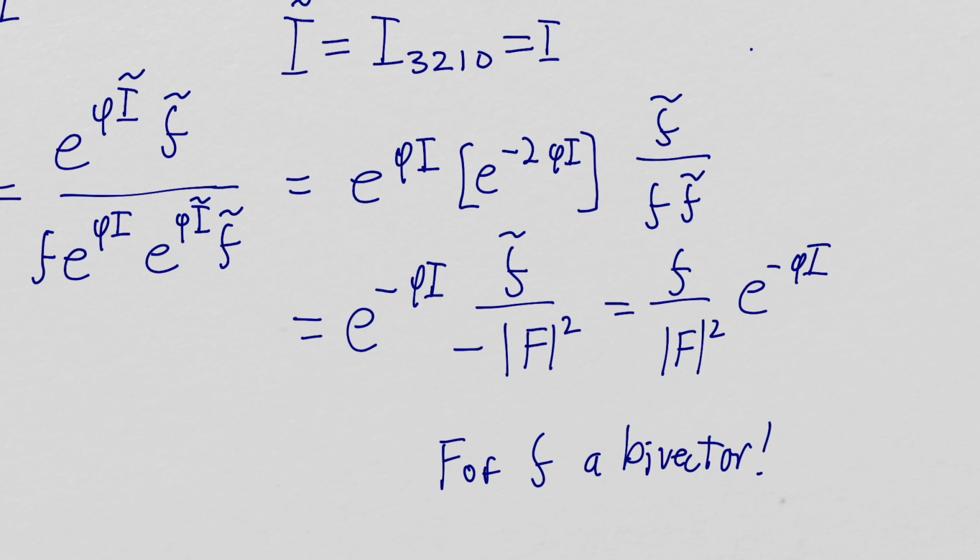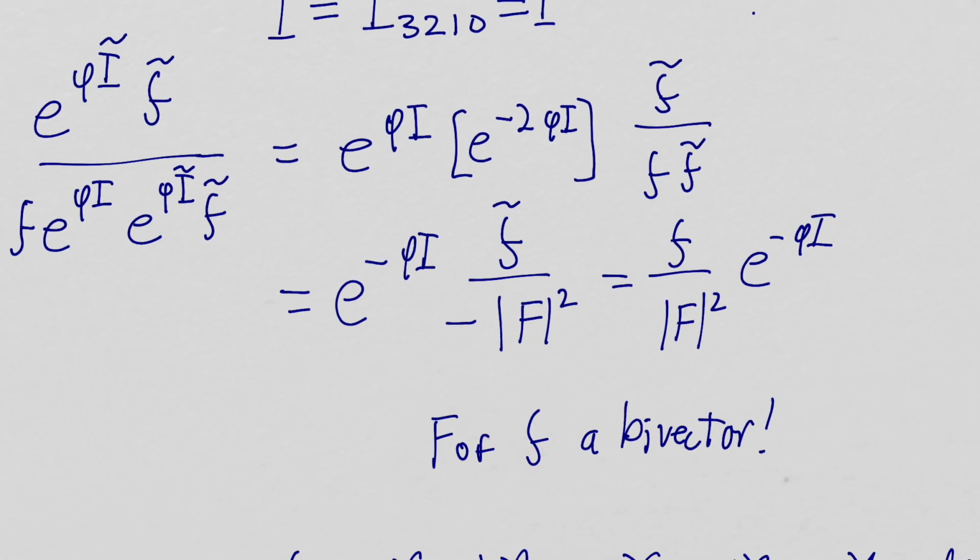What you have to recognize is that F is a bivector. So the bivector times minus 1 is its reversion, right?